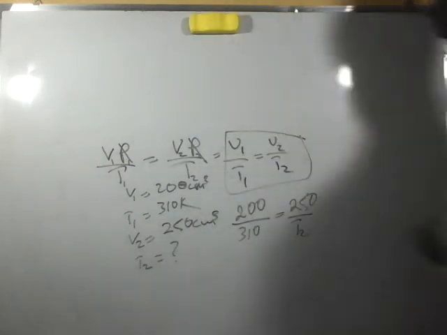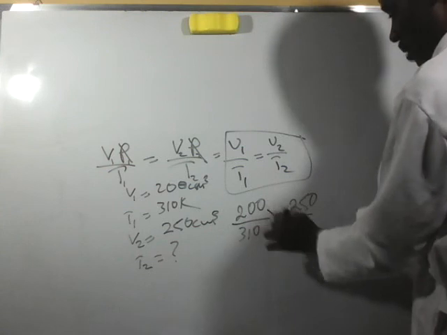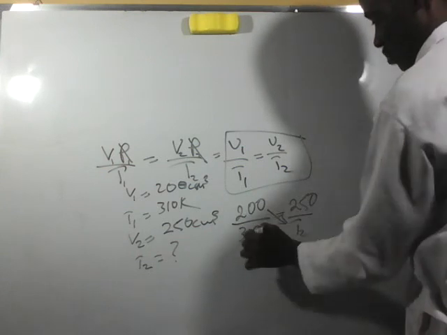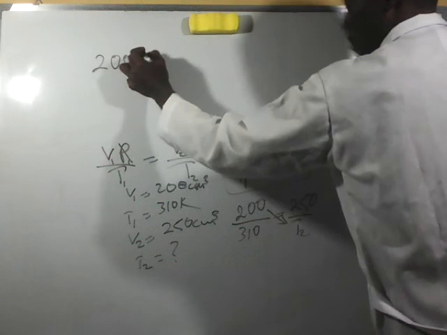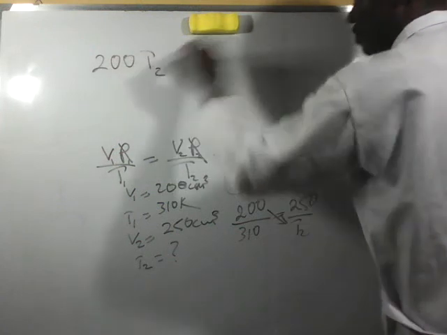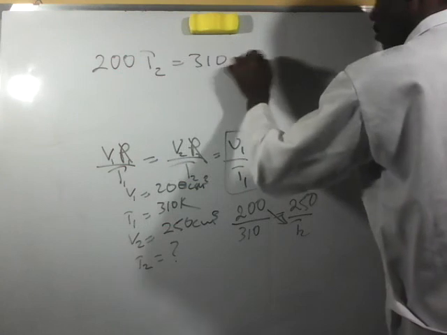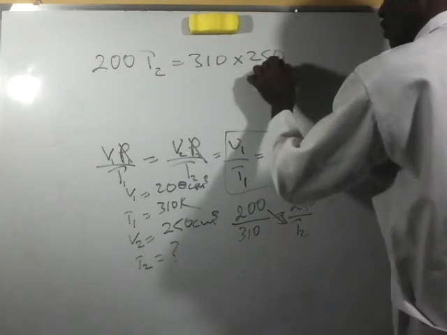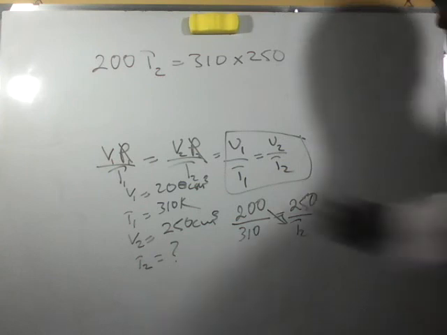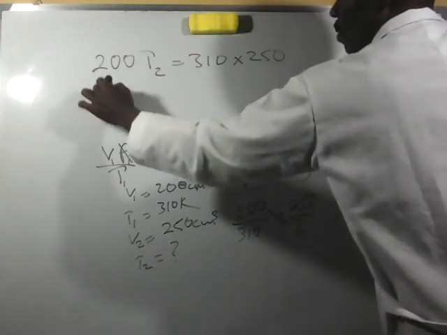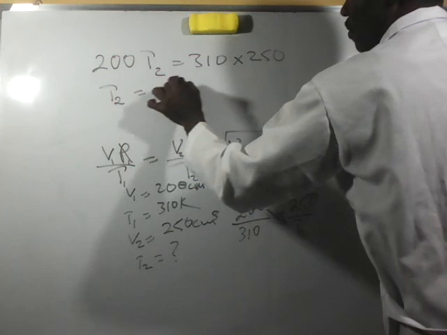The next thing to do is to cross multiply, which gives us 200 T2 equal to 310 times 250. Then we make T2 the subject of the formula.